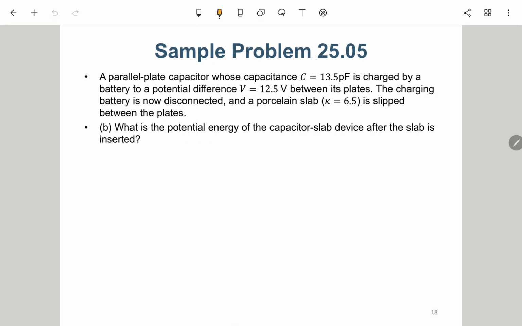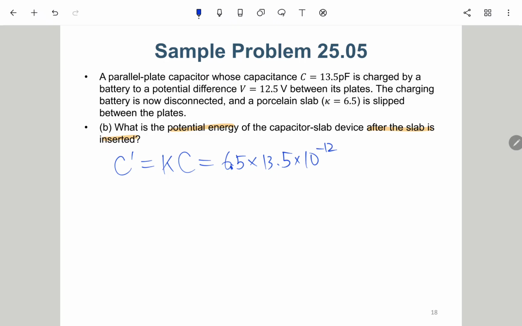The next question is the potential energy after the slab is inserted. After the slab is inserted into the capacitor, C prime will be kappa C, which is 6.5 times 13.5 times 10 to the negative 12.